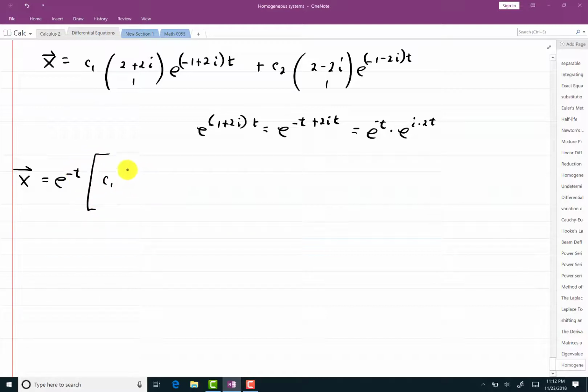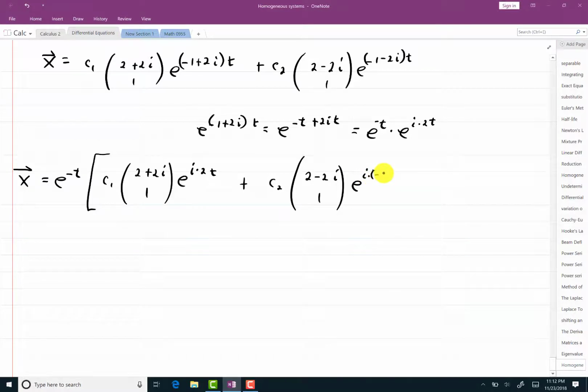C1, I'll put my 2 plus 2i, 1. That leaves me with an e to the i times 2t, plus C2, 2 minus 2i, 1, e to the i times negative 2t. Do I want to do that?